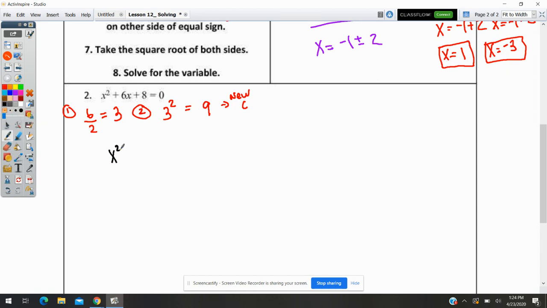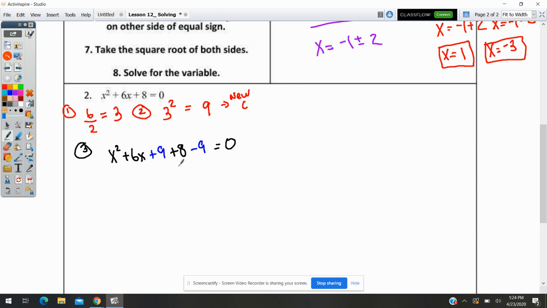So we have x squared, this is step 3, plus 6x, and you're going to add your new c, which is 9, write your old c again, and you're going to subtract your new c at the end, equals 0.